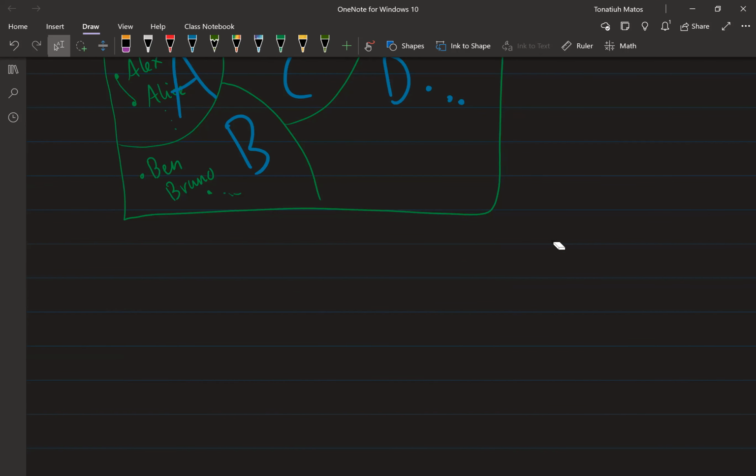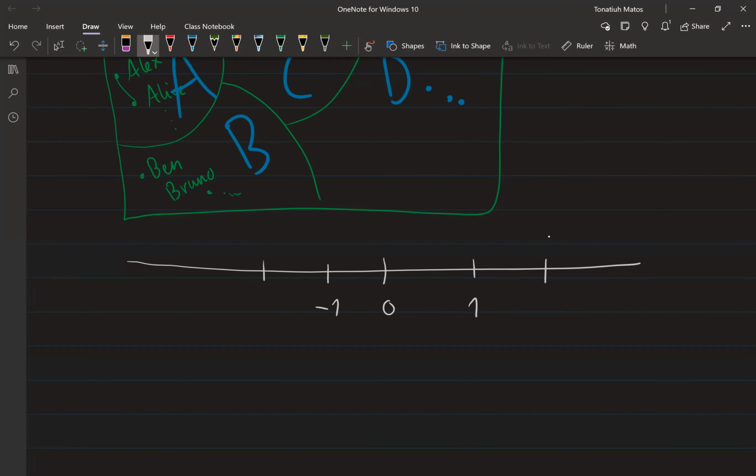For example, one example that we will probably cover in two weeks is that once we have constructed the integers, there will be a way for me to define an equivalence relation on the integers that will group everything, for example, all the even numbers together. So I will group the 0, I will group 2, I will group 4, and so on.